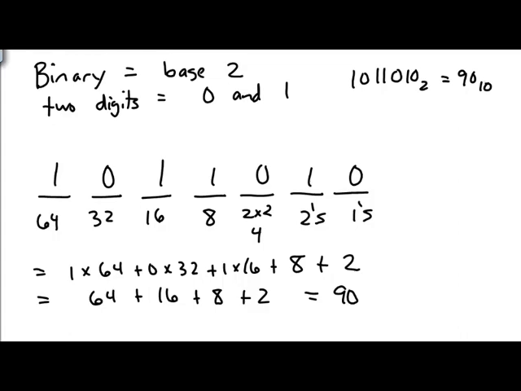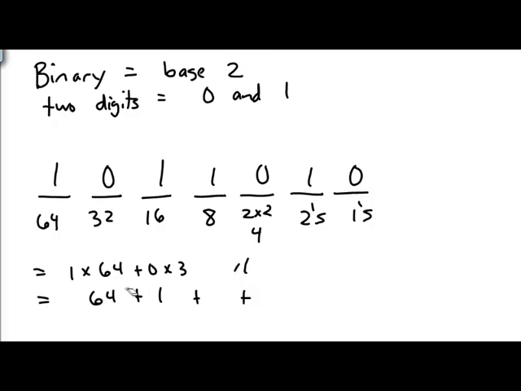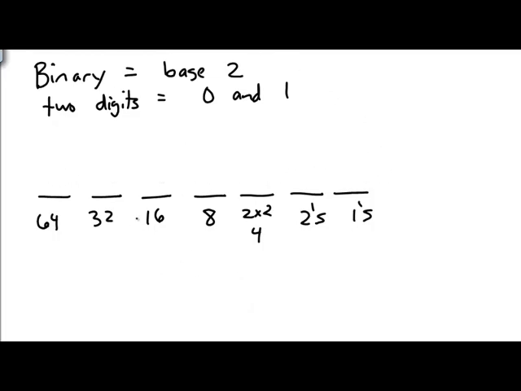If you want to go backward, and say something like, how do you convert the number 75 from base 10 to base 2? We'd say, let's see, we can fit a 64. We have a 64, so 75 minus 64 is 11.